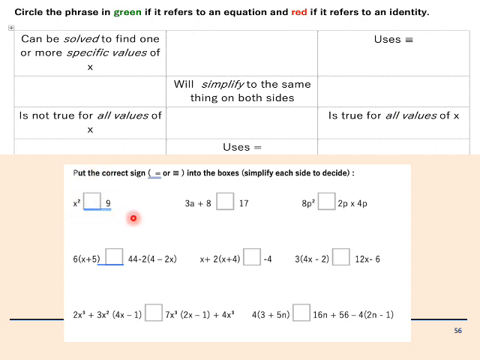So I do want to make a note now, guys, that you are trying to put the correct symbol in between, but with some of these later ones, because I wanted there to be a bit more of a challenge, you may have to manipulate the left hand side and the right hand side. So if you see here, you have brackets on both sides. So expand them, collect your terms, do the same on the left hand side, and then compare the terms and see if they are an identity or an equation.